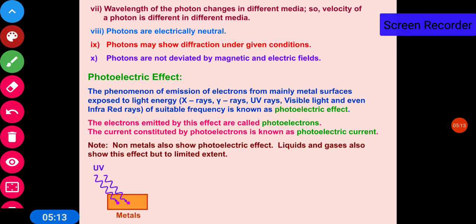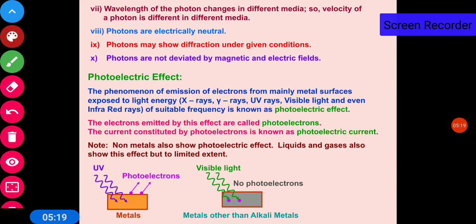So for metals, when UV rays fall on the metal, photoelectrons are ejected. But when visible light falls on metals other than alkali metals, note this point, when visible light falls on metals which are not alkali, then no photoelectrons are seen. Only when visible light falls on an alkali metal, then the photoelectrons are ejected.